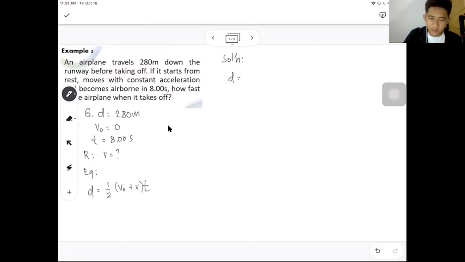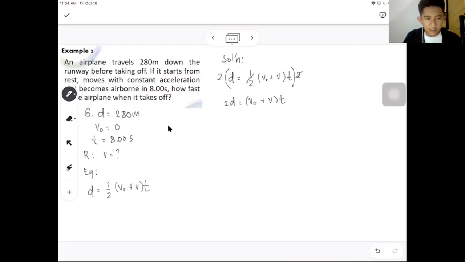We have d is equal to 1/2 times v sub 0 plus v times t. We multiply both sides first by 2, so we can remove the 1/2. Then we have now 2d is equal to v sub 0 plus v multiplied to t.